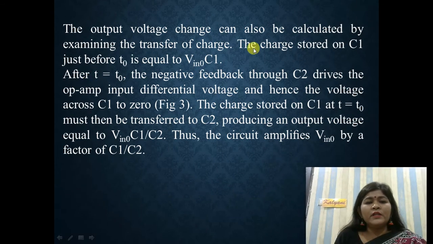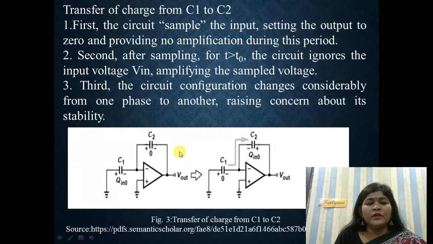The output voltage change can also be calculated by examining the transfer of charge. The charge stored on C1 just before t0 is equal to Vin0 times C1. After t equal to t0, the negative feedback through C2 drives the op-amp input differential voltage, and hence the voltage across C1, to 0. It is shown in the figure, the transfer of charge from C1 to C2. With the charge transfer from C1 to C2, there are three conditions.